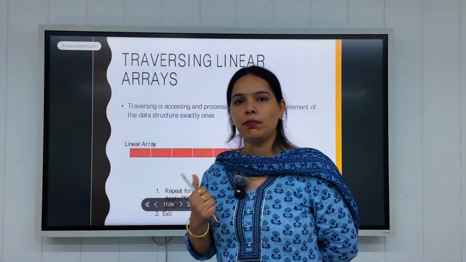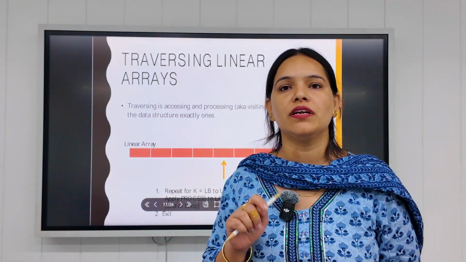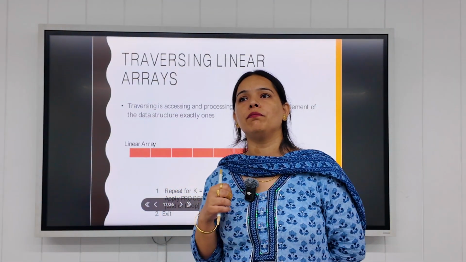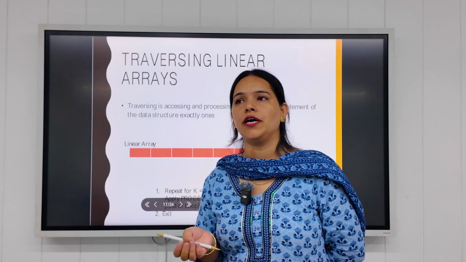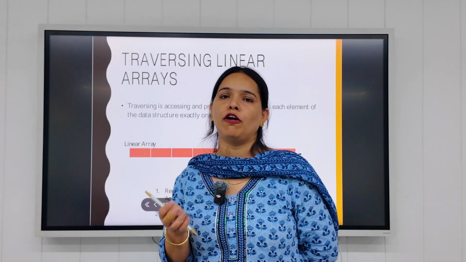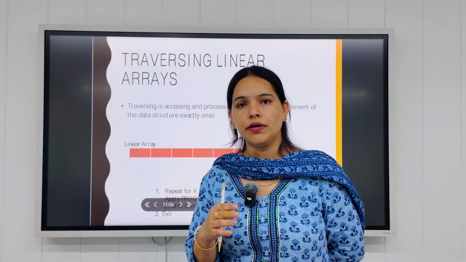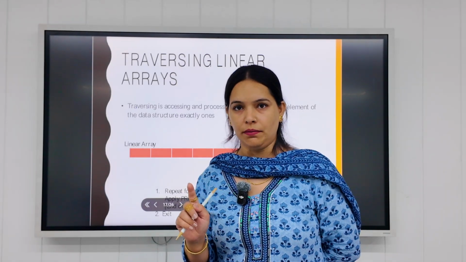So up to the upper bound value, we will traverse each and every element of the array. We can print its value. We can perform many operations after traversal, like printing, reversing, duplicating. For any operation you are performing on an array, you have to traverse the array at least one time.